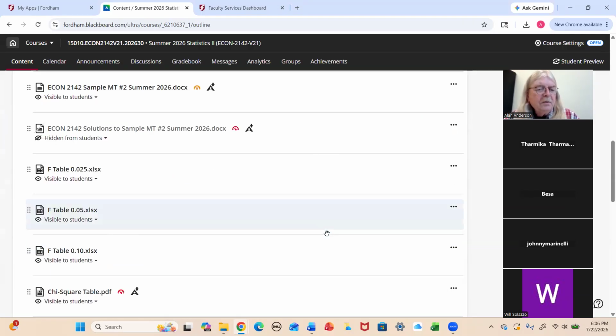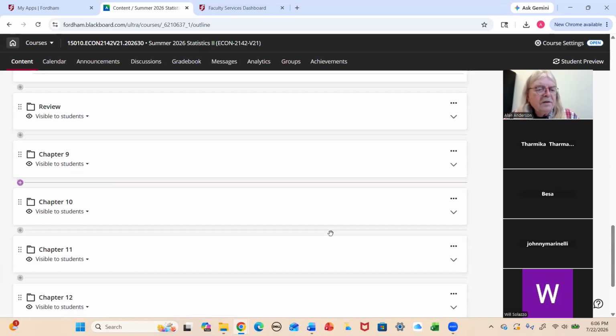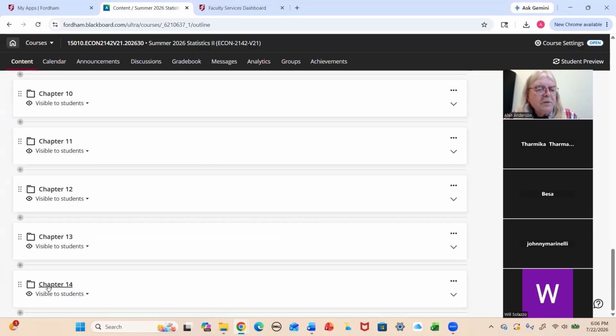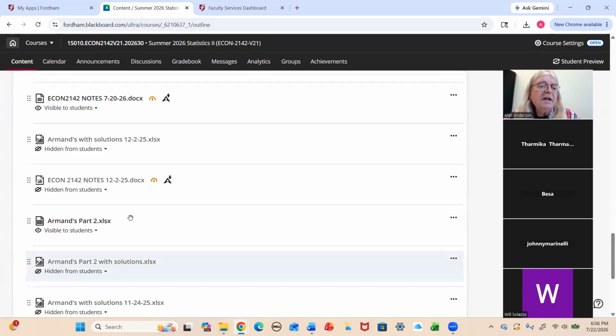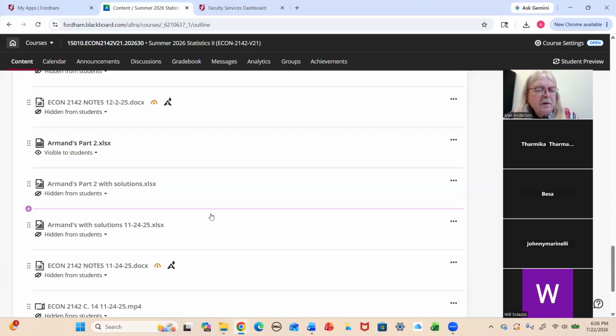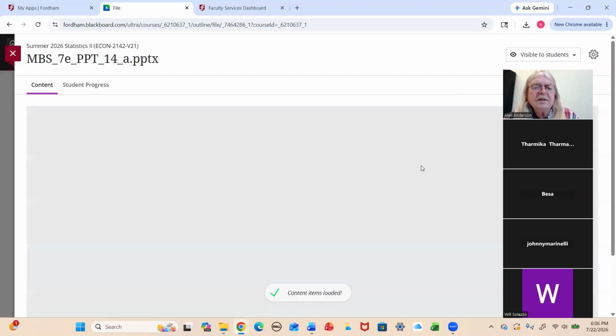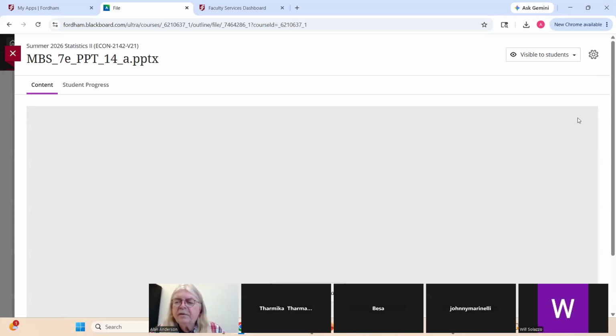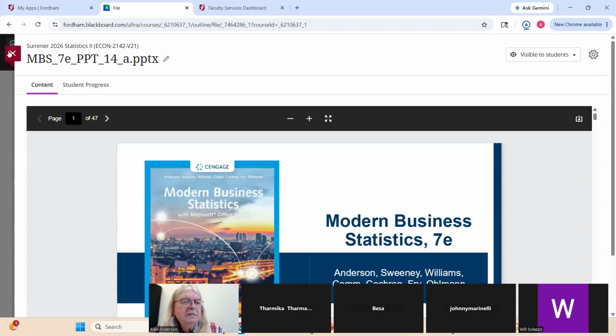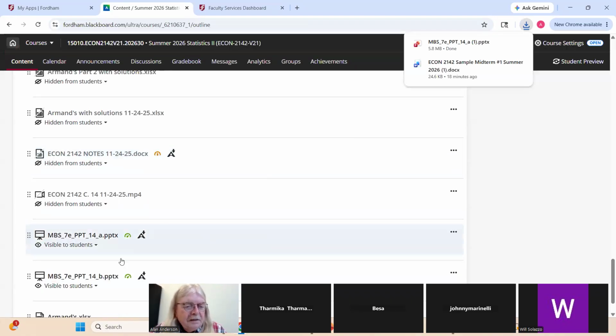So they're all here if you were wondering where they are. And of course, chapter 14 is way down here. It does have two parts to it, and there is some Excel associated with it. So it'll take a while to get through it, but in fact, I'm going to open this up right now just to give you a quick preview of what's coming. Here we go.